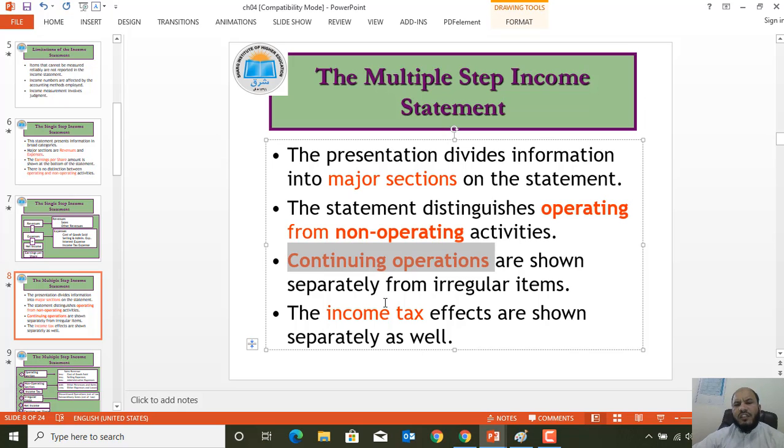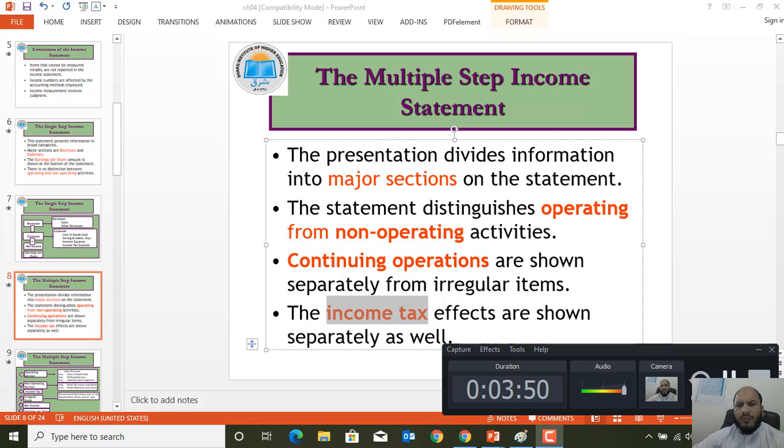And finally we have the income tax portion, which will affect the income of the company, and we will show it separately as well.